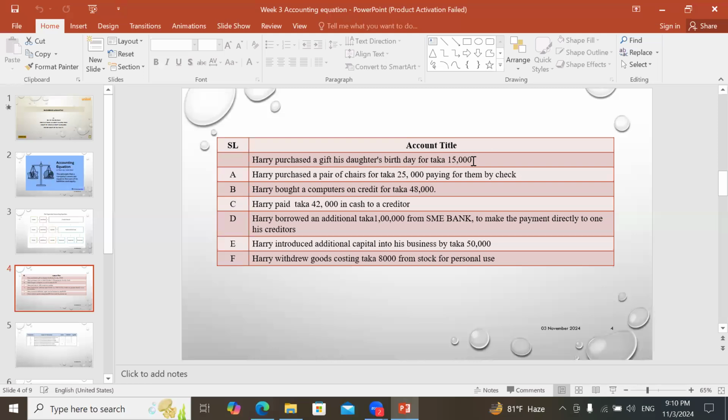No, it is his daughter's birthday gift. Harry purchased a gift for his daughter's birthday, but it is not a company issue. It's a personal expense. Yes, it is a personal matter. So it will be owner's equity.